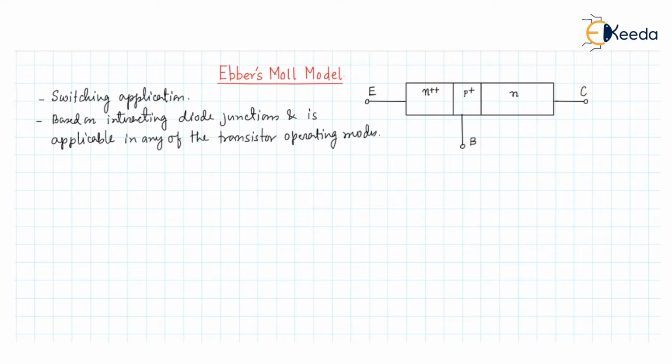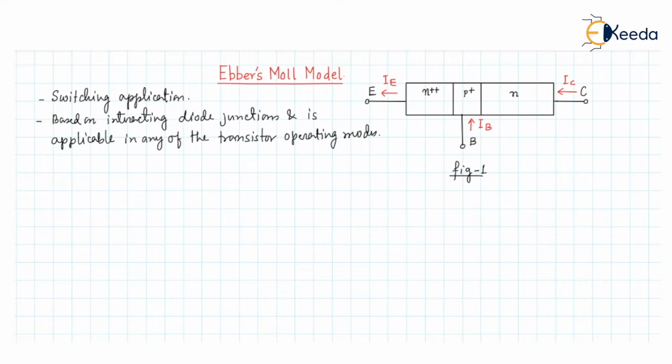In this figure, let us name it figure number 1. We can see it is an NPN transistor. Let us define all the currents and voltages that apply here. Since it is an NPN transistor, the IC and IB currents will flow in the inward direction and the IE current will flow in the outward direction like this.